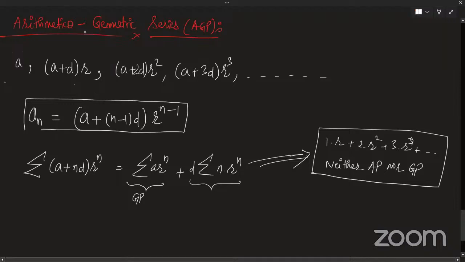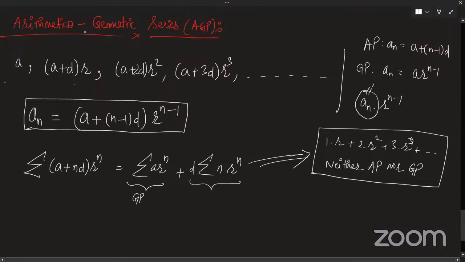So can you tell me what is my formula for the nth term of an AP? It is a plus (n minus 1) into d, right? And in a GP, what is my nth term? It is a into r raised to n minus 1, right? So basically it is the nth term of the AP multiplied by r raised to n minus 1.